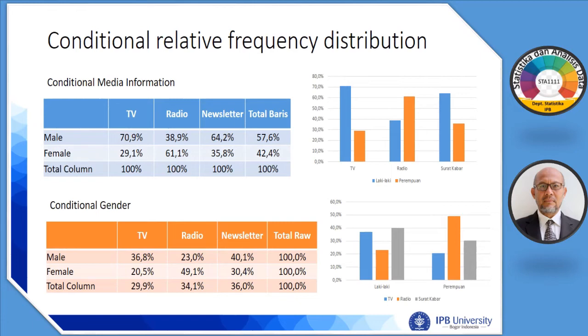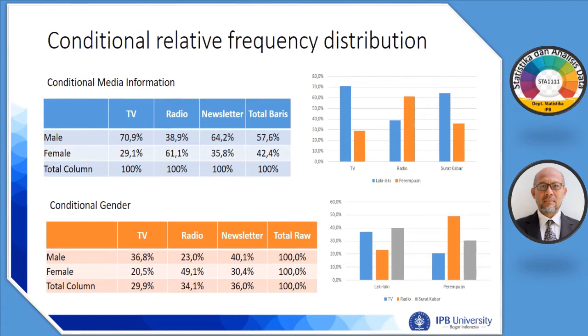But on the other side, look at the next table, conditional gender. You look at the row, male and female. So we can interpret like this. From 100% of male, 36.8% get information from television, 23.0% from radio, and 40.1% from newspaper.